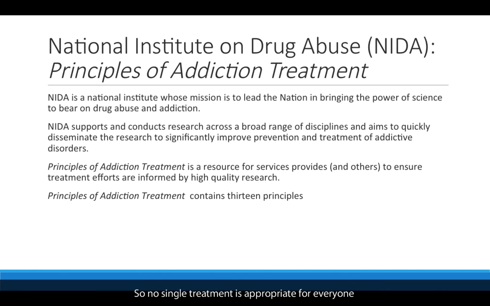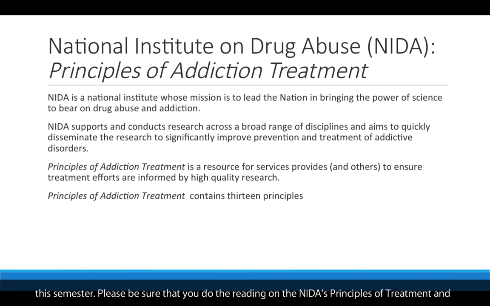So no single treatment is appropriate for everyone, and we need to be thinking about the client that we're working with to decide what services that individual will need. Some of those factors include what substance of abuse or behavior they're using, personal characteristics of that client, the severity of their addictive behavior, past history of treatment, and numerous other factors that we will talk about this semester.